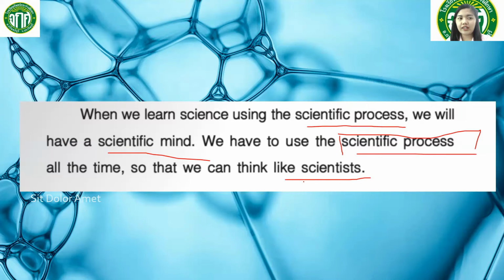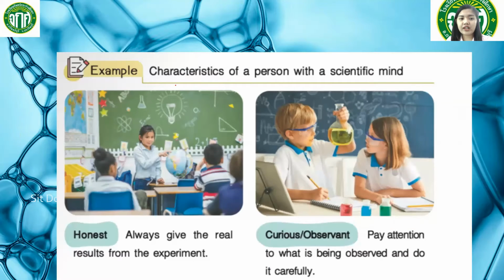It was divided or sorted into two groups. Those are the 8 basic science processes and the 6 integrated science process skills. So we have here examples of characteristics of a person with a scientific mind.